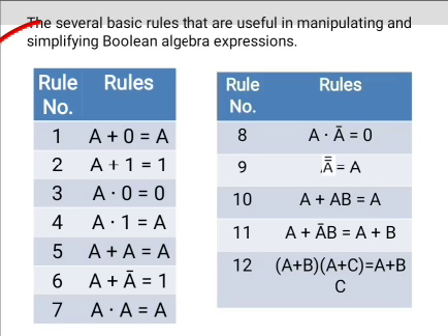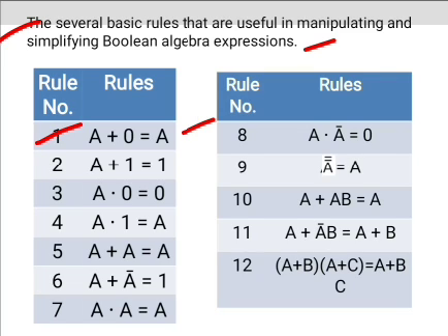There are several basic rules that are useful in manipulating and simplifying Boolean algebra expressions. These are the rules. First one is A plus 0 equals A. In this, when A is 1, the output is 1, and when A is 0, the output is 0.